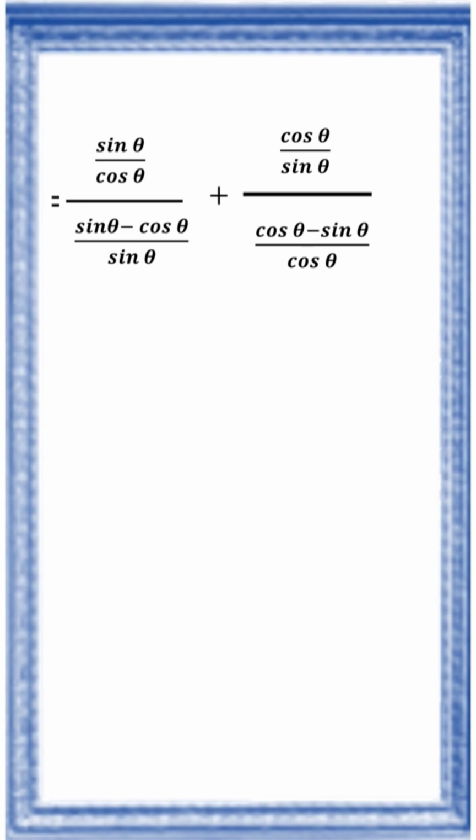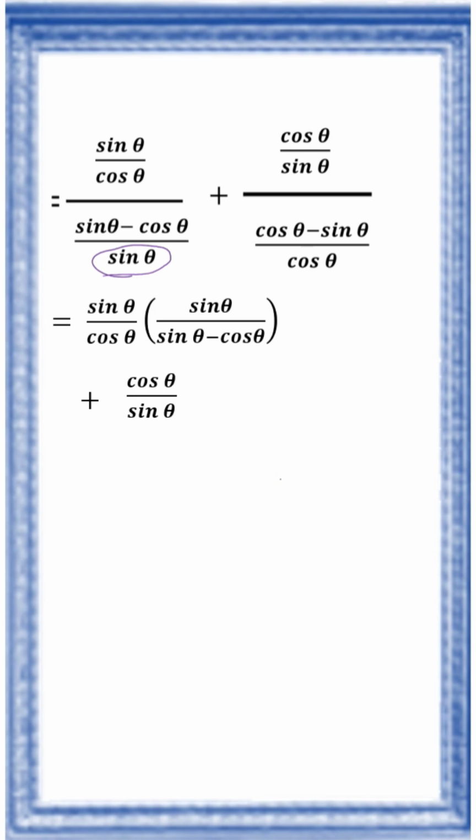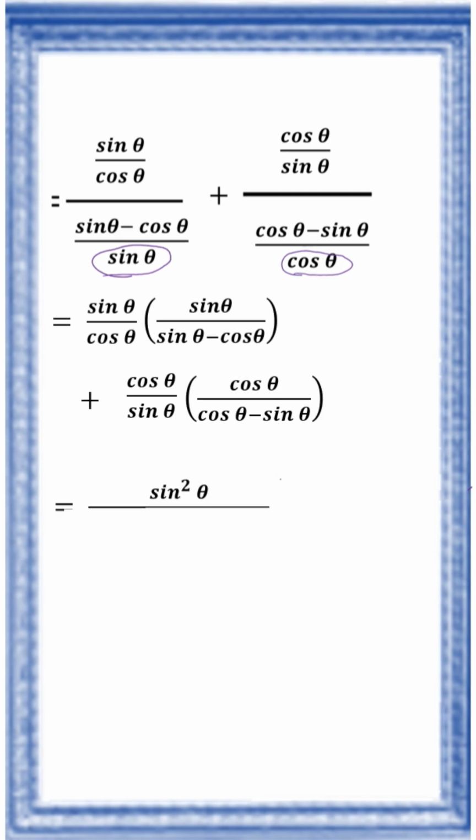So this is equal to sin theta upon cos theta. Here write the reciprocal value of this one, sin theta upon sin theta minus cos theta plus cos theta upon sin theta. Here also this goes to the numerator by cos theta minus sin theta.